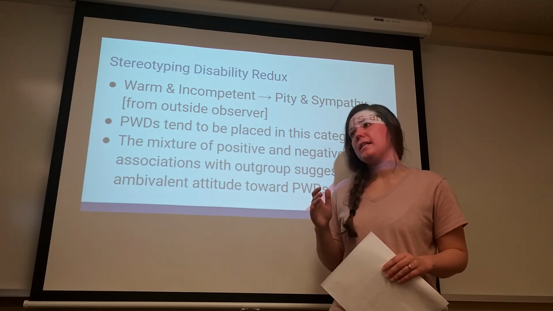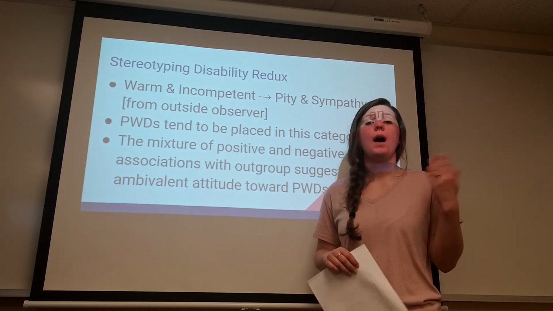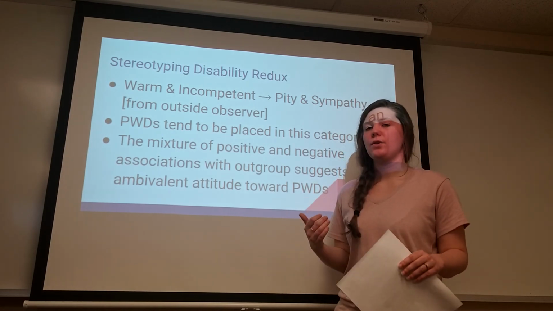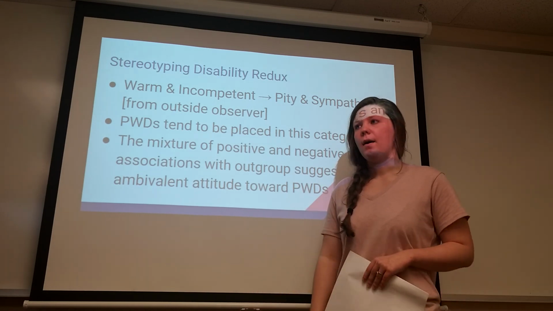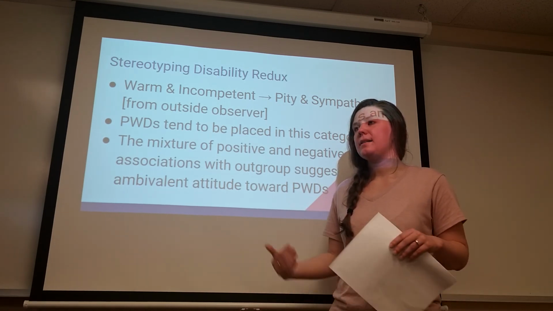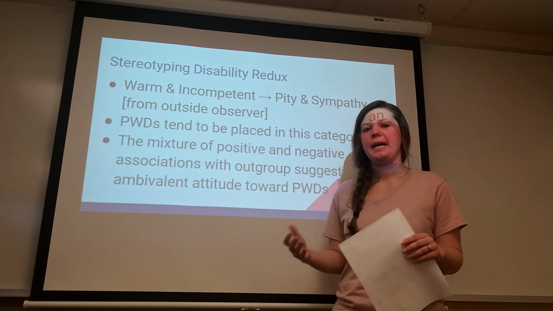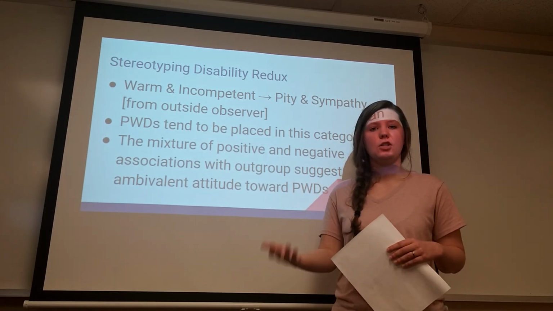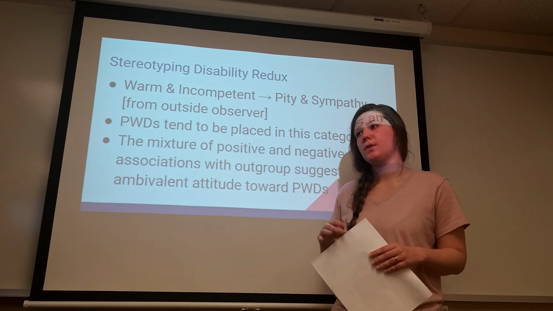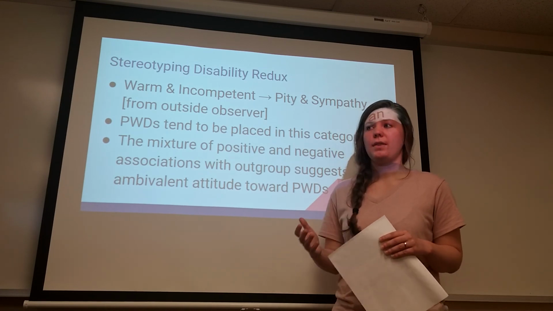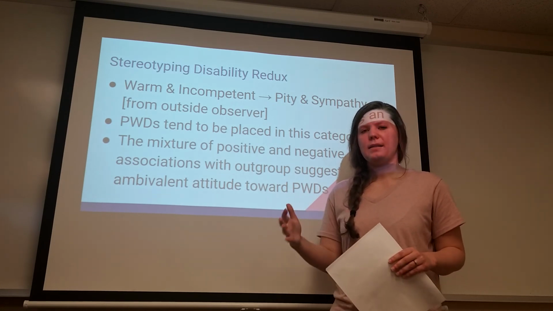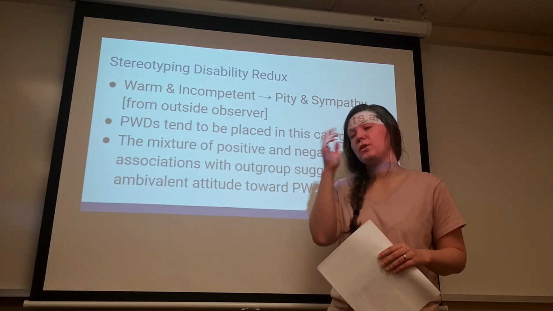And PWDs are consistently thought of as high in warmth but low in competence. So this leads outside observers to treat them with pity or sympathy. And because they tend to be placed in this category, there's actually a mixture of positive and negative associations that this outgroup places on them. So we actually tend to treat them with ambivalence or in different ways that we shouldn't be treating them.